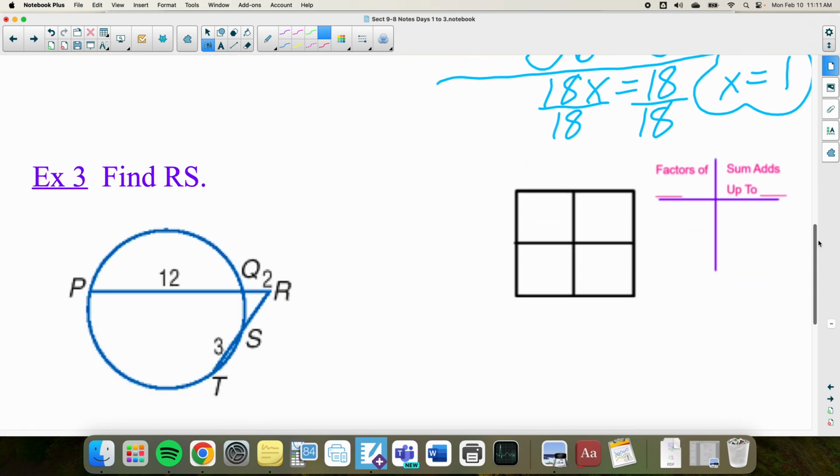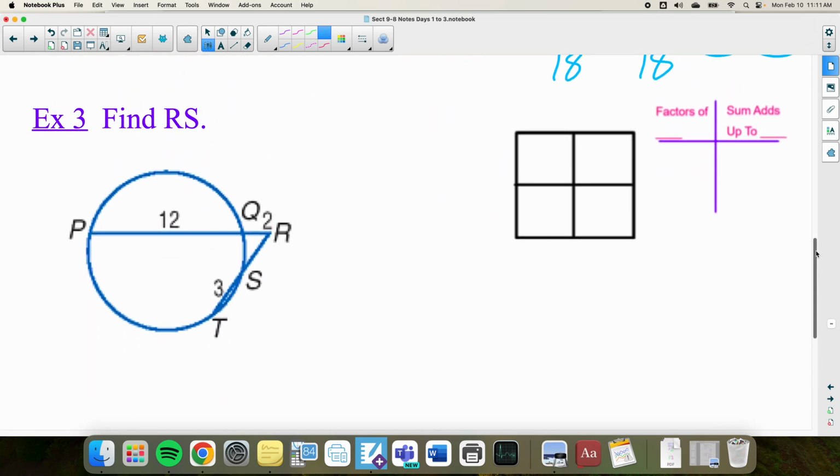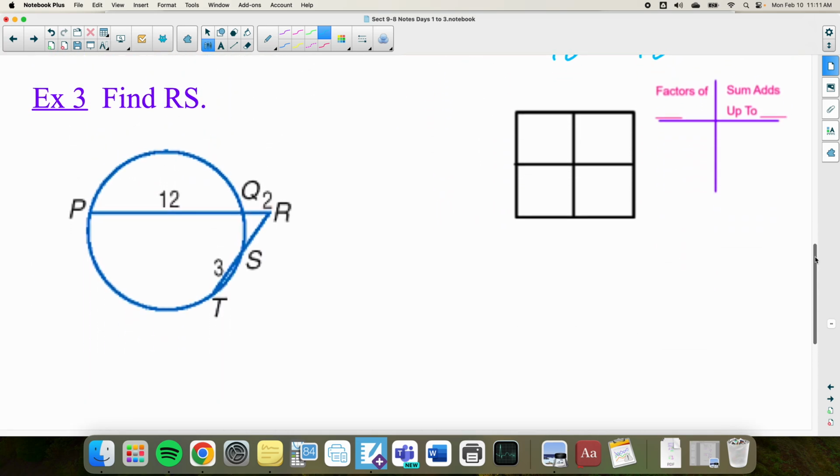All right. Now, if we look at this last problem, they're looking for RS, and RS is this, and it doesn't have anything there. So what I'm gonna do is let that be X, okay?